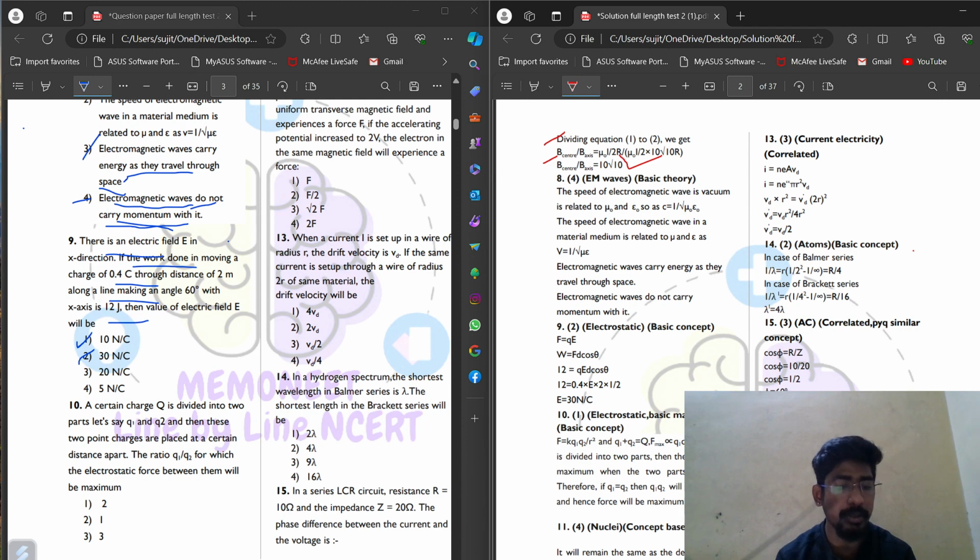The first part is Q1 and the second part is Q2. The ratio of Q1 and Q2 for which the electric force between them will be maximum. You have to calculate the ratio. Let's look at the explanation.